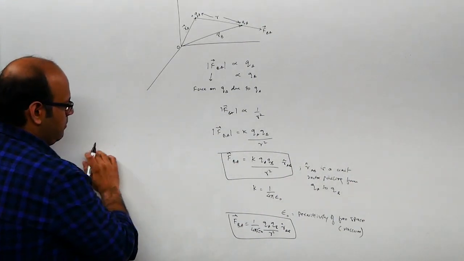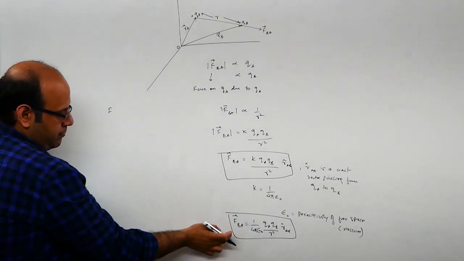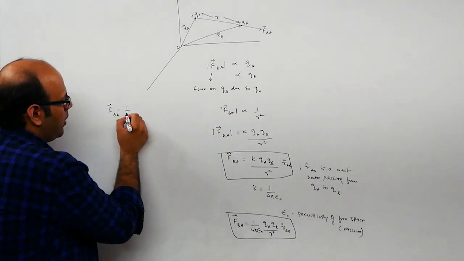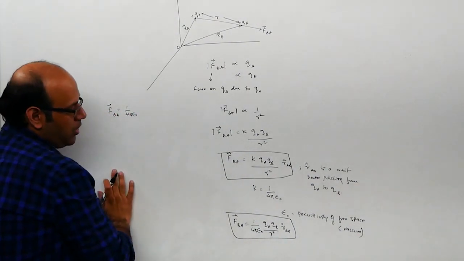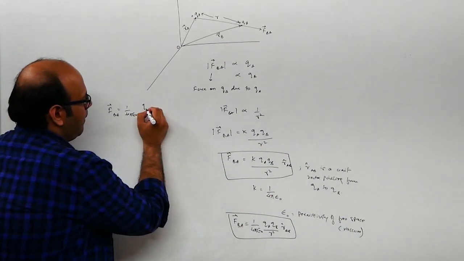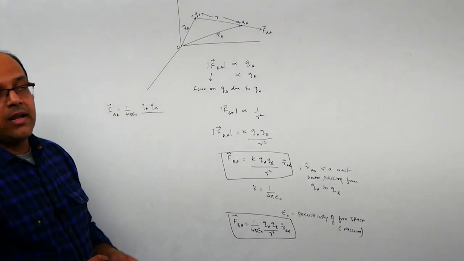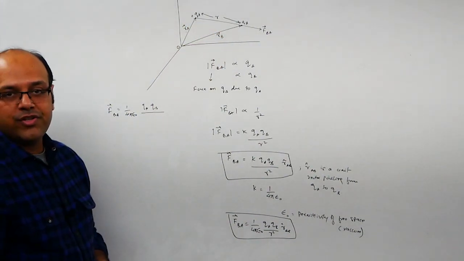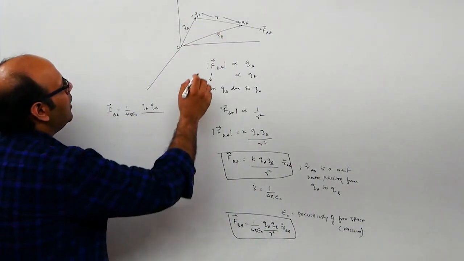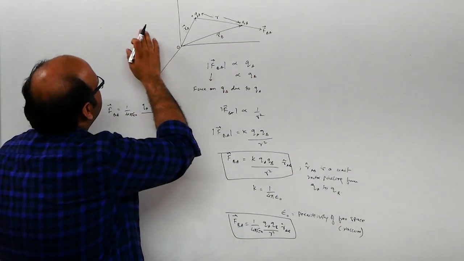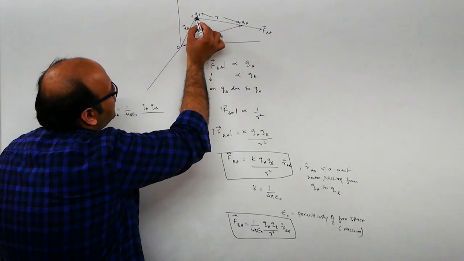Now, force on B because of A is 1 over 4 pi epsilon naught QA into QB upon R square. What is R? R is the distance between the two charges. So, can I say the distance between the two charges, the magnitude?